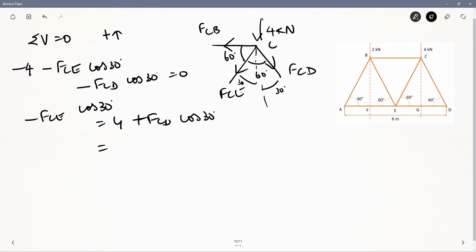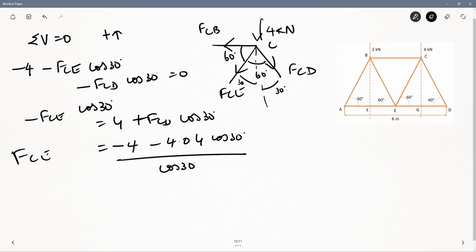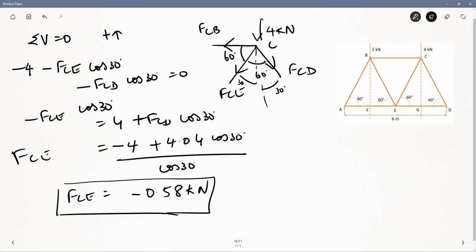My FCD value is around minus 4.04. So 4 minus 4.04 cos 30 divided by another cos 30. Now I have a negative sign on my left hand side, so I will bring it here, so the sign changes on my right hand side. Now I solve this equation, I get a value of minus 0.58 kilonewton. So my last member force also is compressive in nature since there's a negative sign prefix.